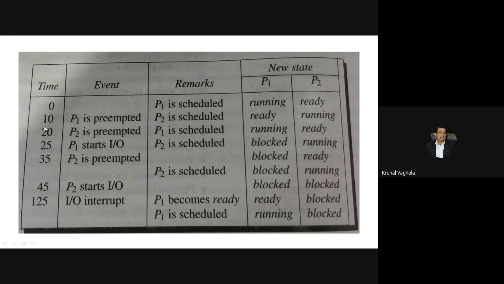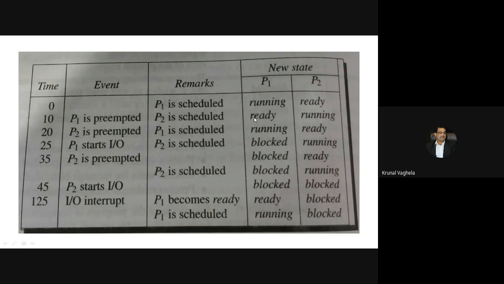After 10, consider this is milliseconds. After 10 milliseconds, P1 is preempted. Preempted means its time is over. The CPU will be taken from P1 and P2 is scheduled, right? Now P1's turn is over and it is the time for P2 to get executed. So what change will happen?